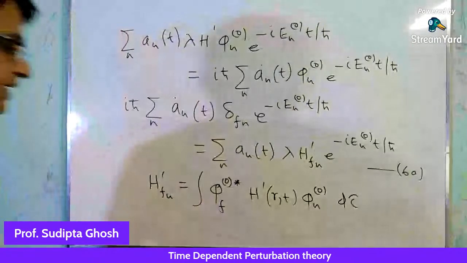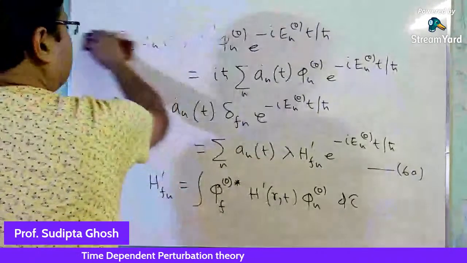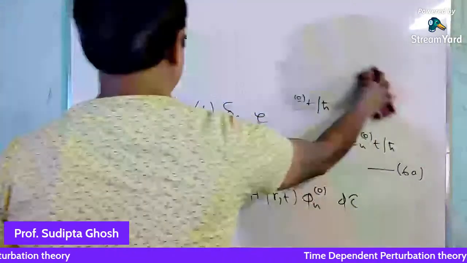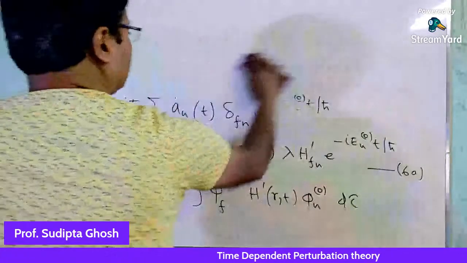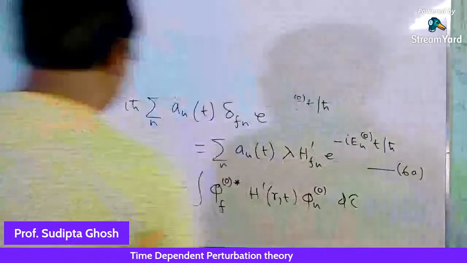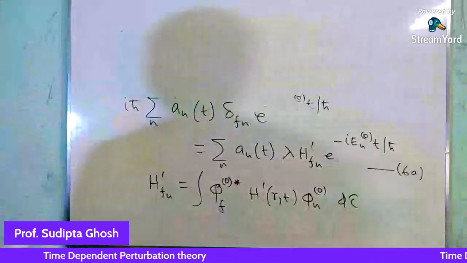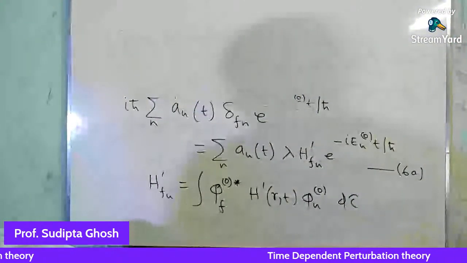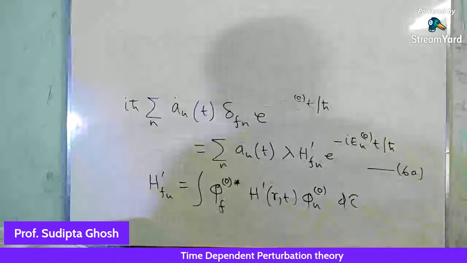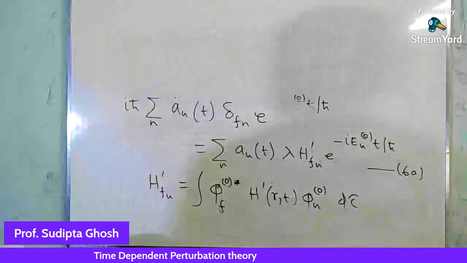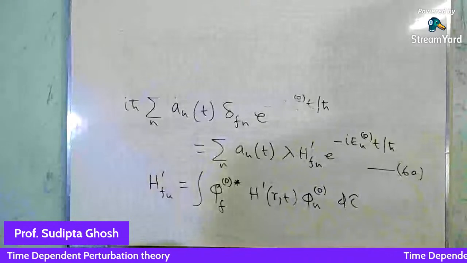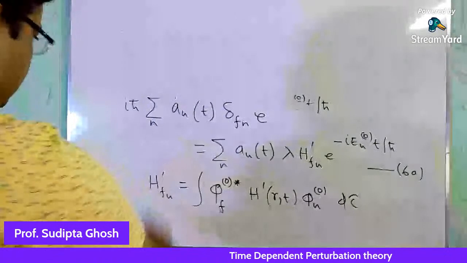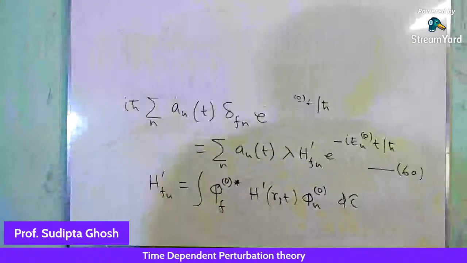So equation 6a, using the definition of the Kronecker delta function, takes the form ih cut summation over n, a n dot t, and then delta fn becomes 1. So it will be a f dot t, and the summation will also be omitted.